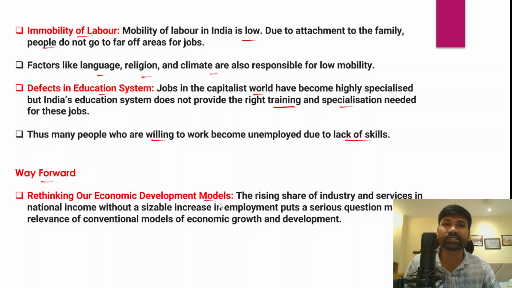Even though the service sector is capital intensive and technology intensive, less labor intensive, we need to try and accommodate the excess workforce of agriculture and shift them from agriculture to the manufacturing industry and the service sector. That is very important to create employment opportunities for large scale youth in the formal sector.